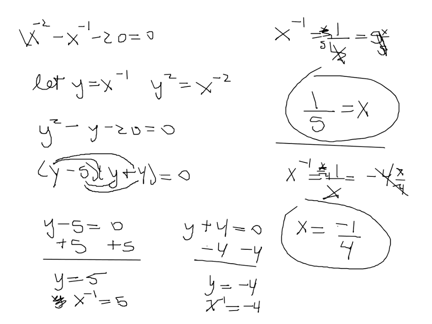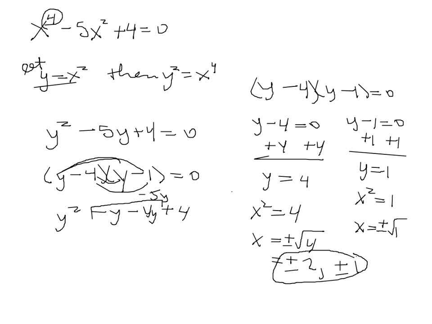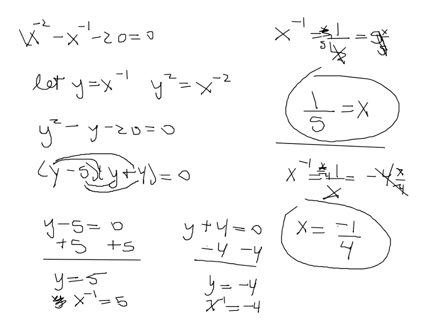Now you notice that these are fractions and these are integers. So if you went to your table or to your graph, you would see that 1/5 is 0.2, 1/4 is 0.25.